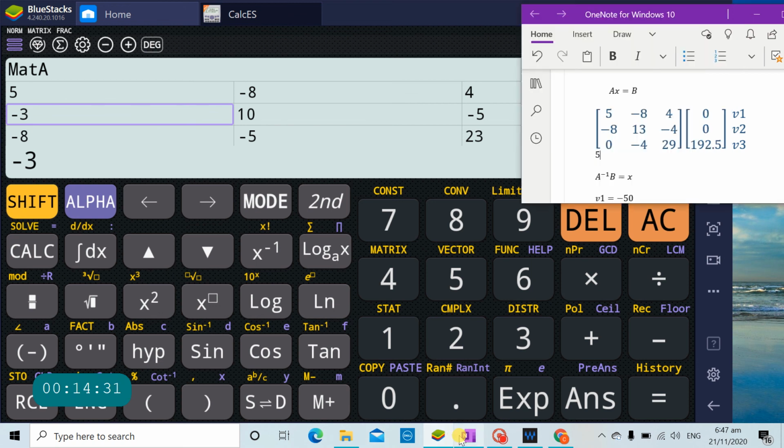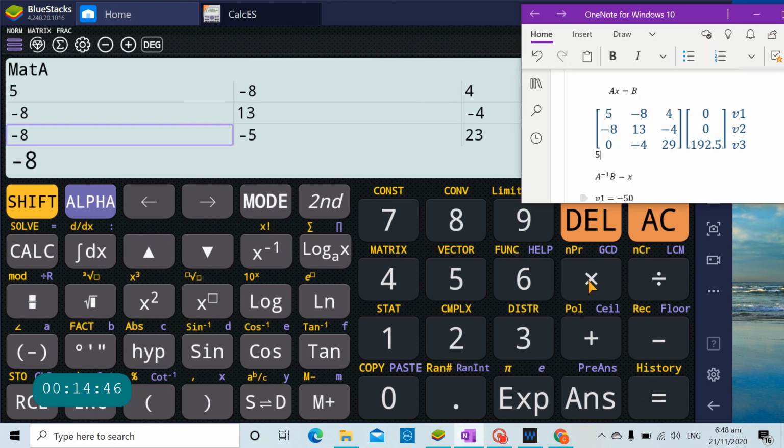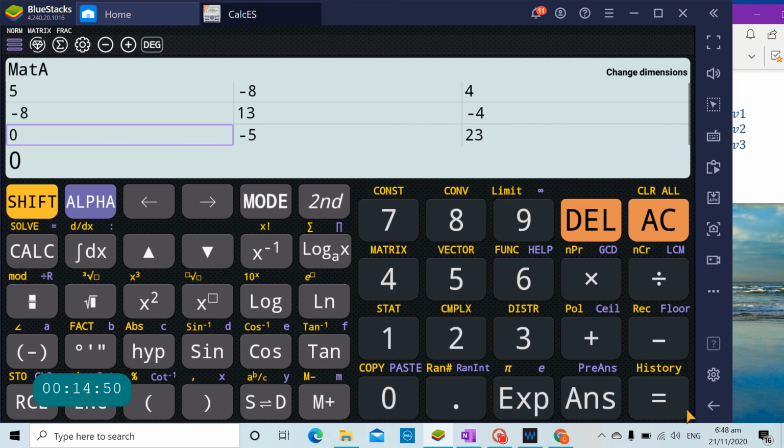Next, negative 8, 13, and negative 4. Next is 0, negative 4, and 29, equals.